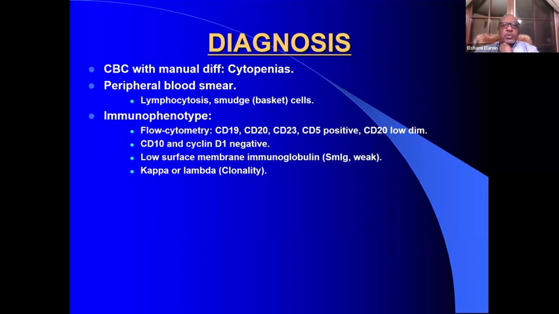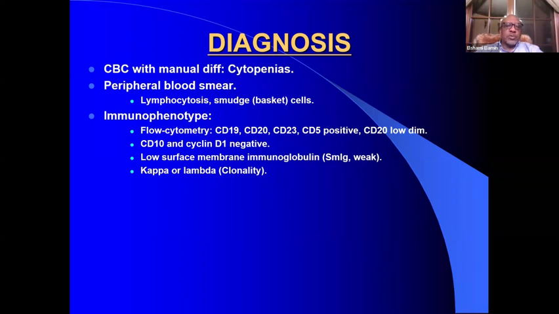Immunophenotype, or the flow cytometry, has these characteristics: CD19, CD20, CD23, CD5, which is a T cell marker. They're positive, and CD20 usually is dim, CD10 and cyclin D1 negative, differentiating them from other lymphomas. Low surface membrane immunoglobulin.